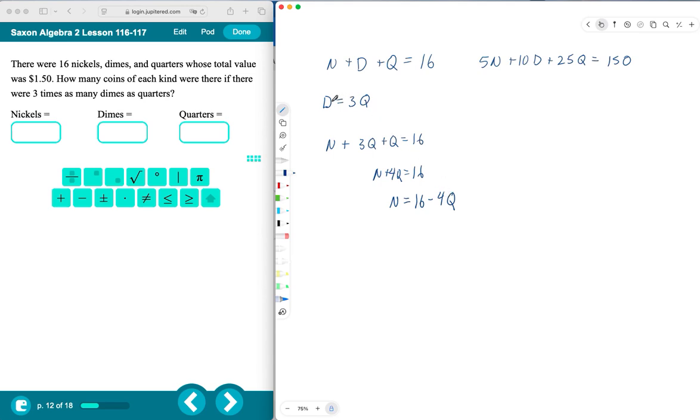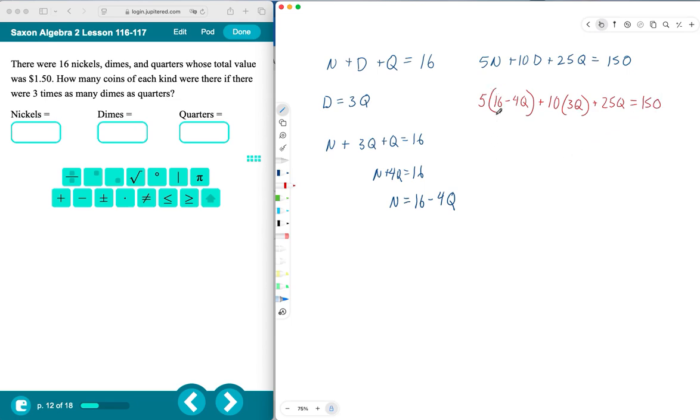Now I have a substitution value for d and for n, and I'm going to put them both into this equation. So 5 times my substitution value for n, 16 minus 4q, plus 10 times my substitution value for d, 3q, plus 25q equals 150.